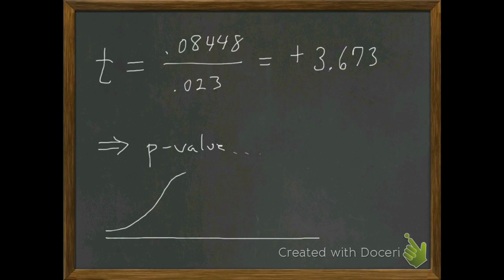Remember we conducted a not equal to test, so we need to find the area under the curve to the right of 3.673 and the area under the curve to the left of negative 3.673.